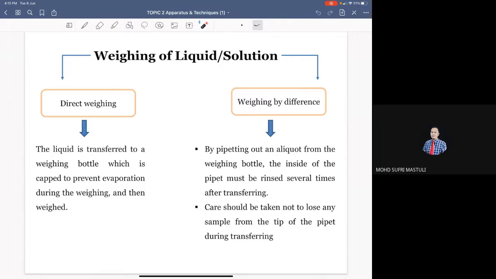It can also be performed by weighing by difference, by pipetting out the liquid from the weighing bottle. The inside of the pipette must be rinsed several times after transferring. Care should be taken not to lose any sample from the tip of the pipette during the transfer.